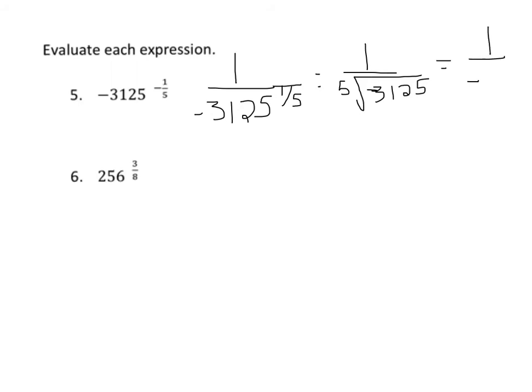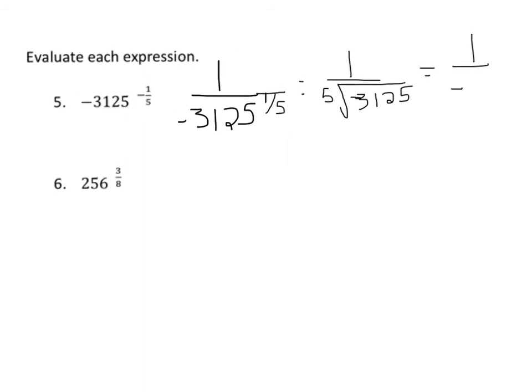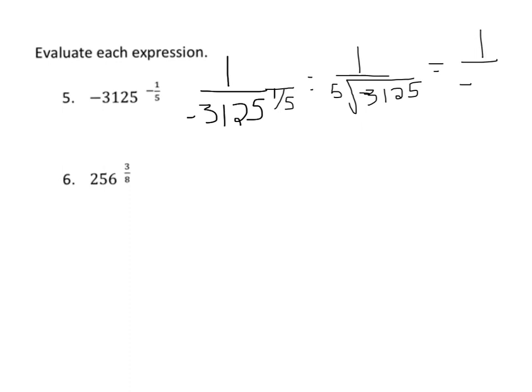The 5th root of 3,125 is actually a whole number. It is 5. So my answer when simplified down would be -1/5.